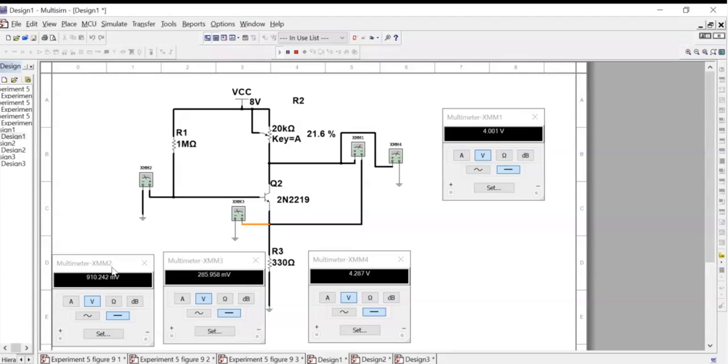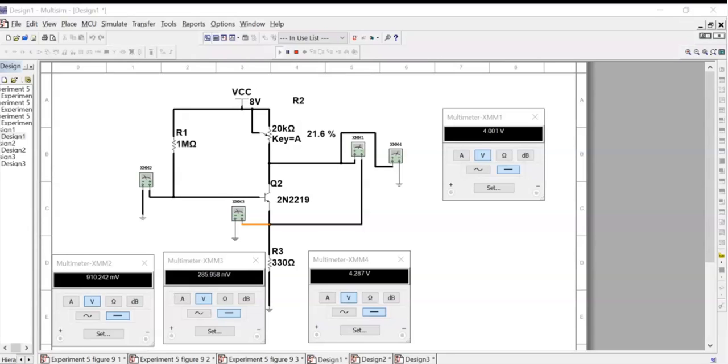So we record again: VB is 0.91 volts. Next, VC, meter 4, is 4.287 volts. And then the emitter voltage, meter 3, is 0.286 volts.